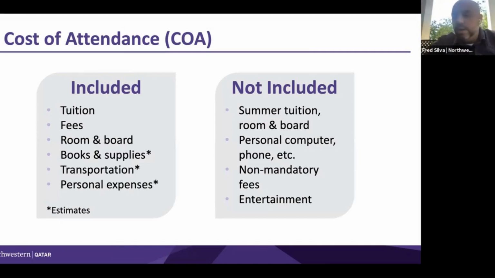Now, if you are going to go to the United States, unless you are a US resident, a permanent resident, or a US citizen, you're going to have to apply for a student visa. For that student visa, you're going to need a document issued by an institution called the I-20.